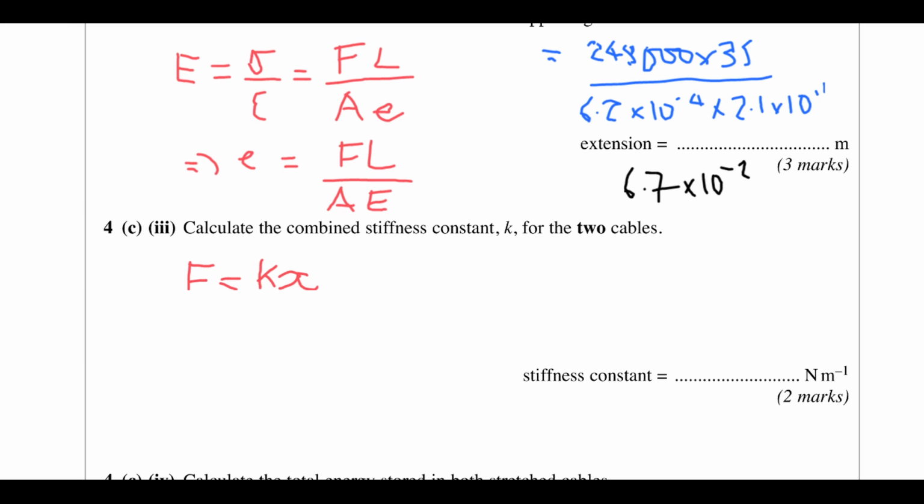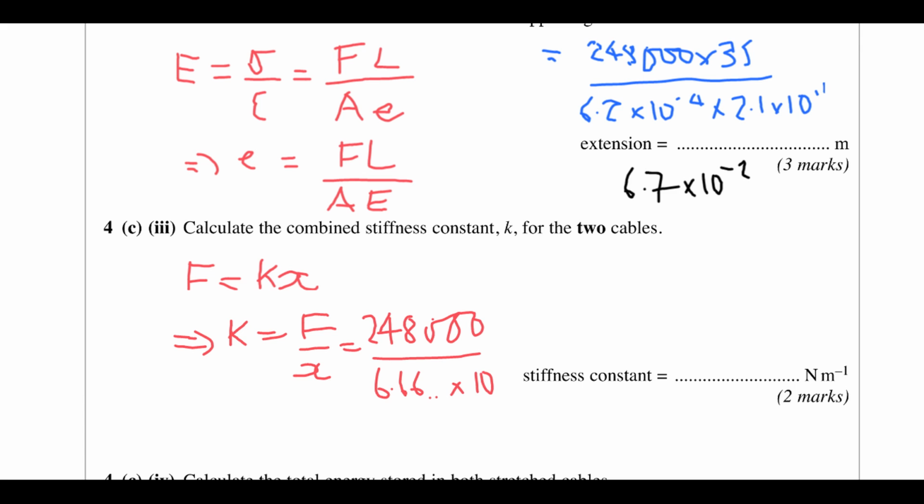So we can get the spring constant, F over X, so that was 248,000 divided by the extension, so 6.66 times 10 to the minus 2. That gives us the spring constant of just one of them, so let's call that K1.